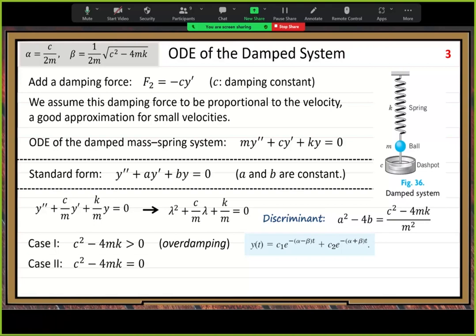Then case 2, this time the discriminant equals 0. We treat it as the line of comparison, so we call it critical damping. Right at that line, that's the critical line separating the different cases.